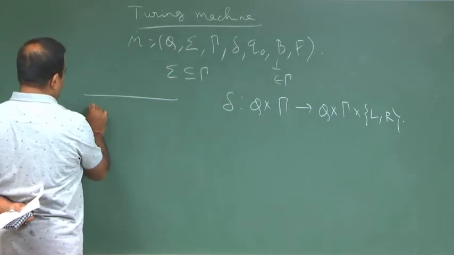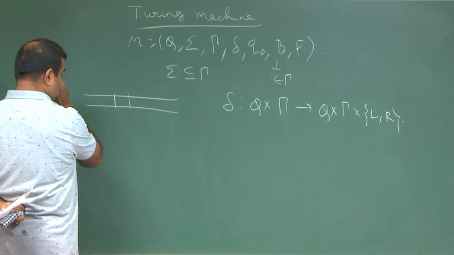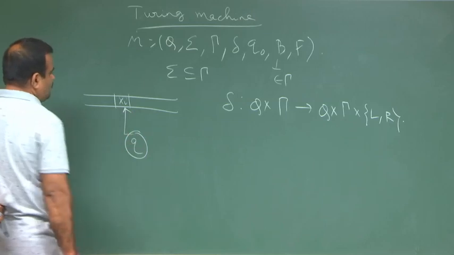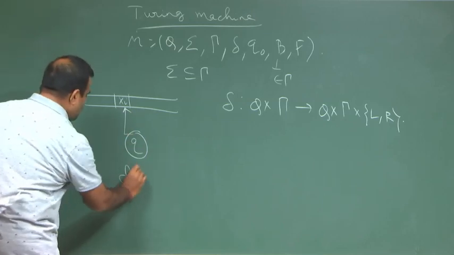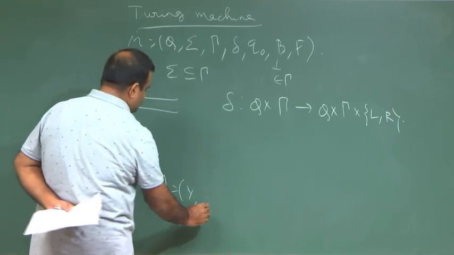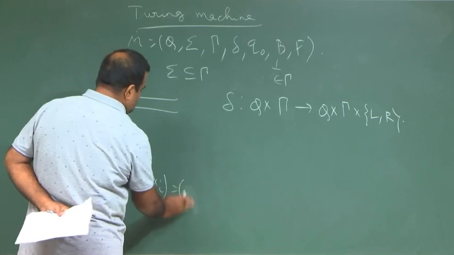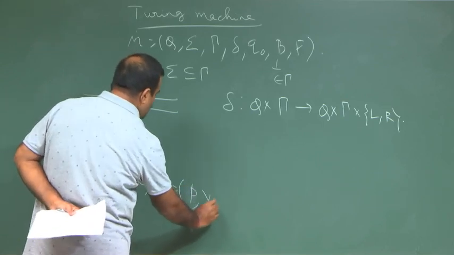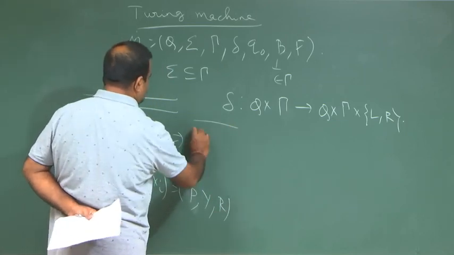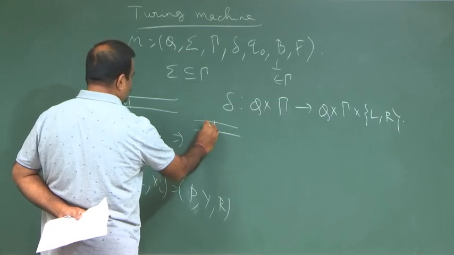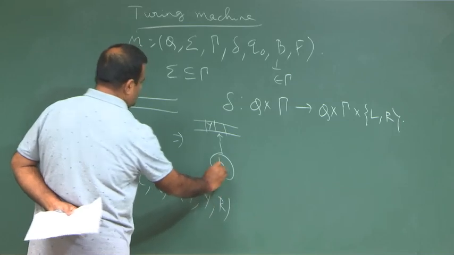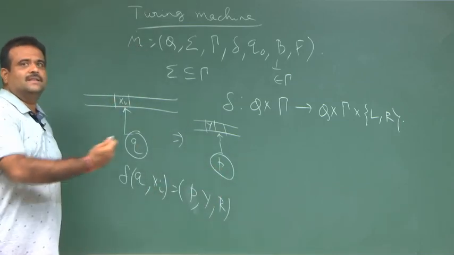So, here we have a tape head pointing at xi, and suppose we are at state Q. If delta of Q comma xi is y comma p, then the symbol will be replaced by y, and if the move is right, the head will point to the next cell, and our next state is p, like this.